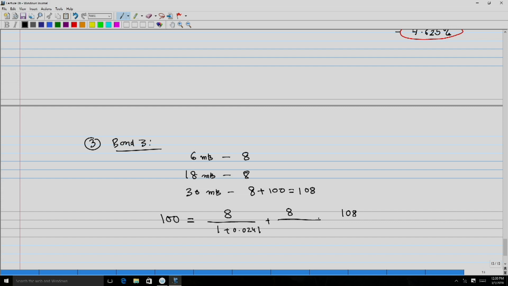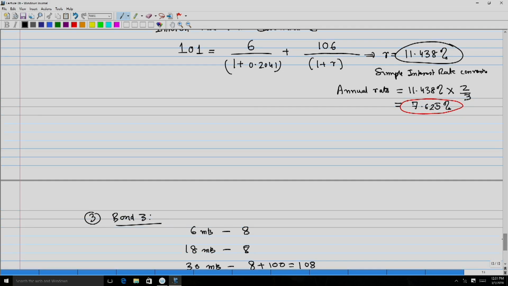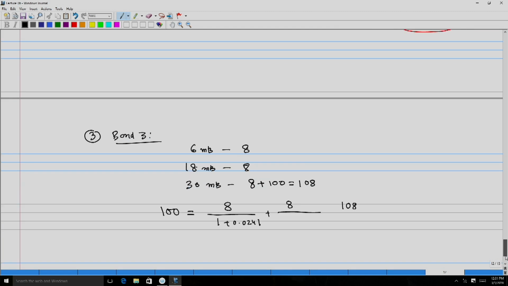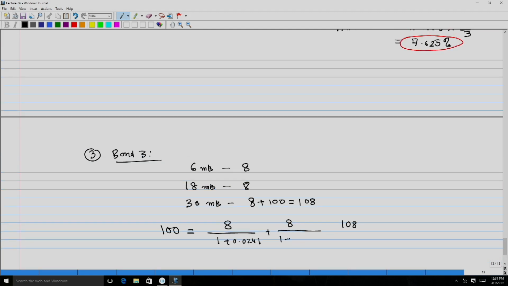Next, for the coupon payment of 8 at the end of 18 months, we will use the interest rate for 18 months that we have determined here, that is 11.438%. Accordingly, we will discount this by a factor of 1 plus 0.11438, and finally 108 will be discounted at the interest rate prevailing for 30 months.